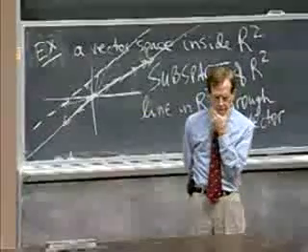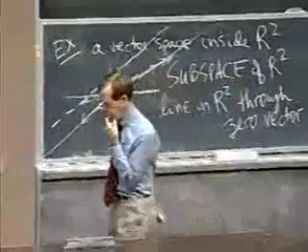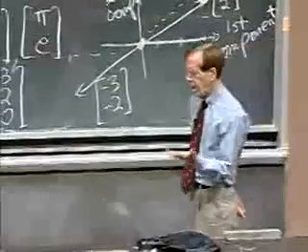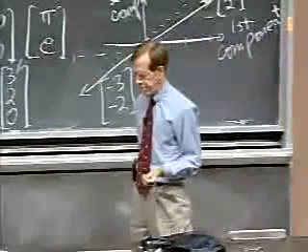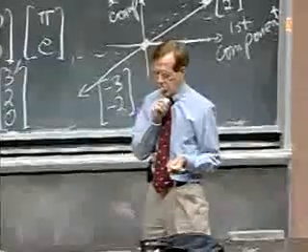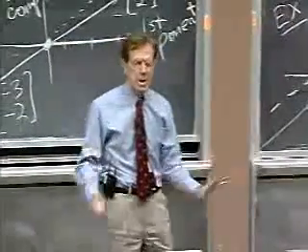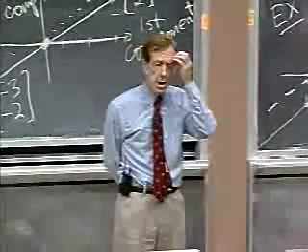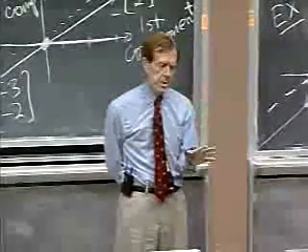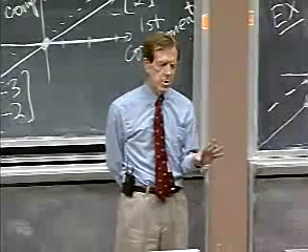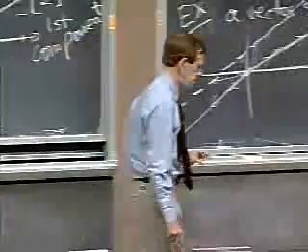Okay. Now, I was going to create some subspaces. Oh, while I'm in R2, why don't we think of all the possibilities? R2, there can't be that many. So what are the possible subspaces of R2? Let me list them.